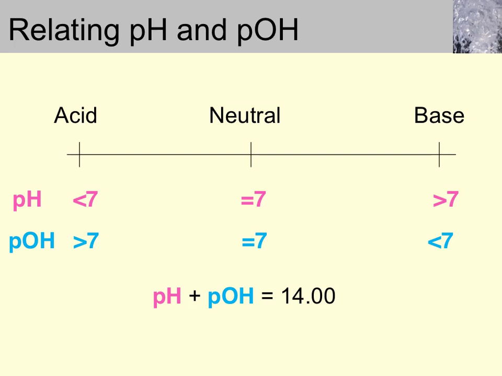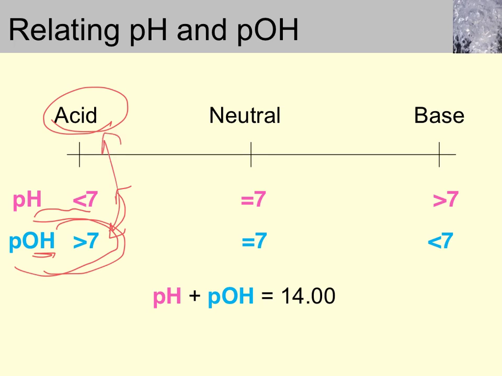Be careful when you're working with pOH values. It's easy to get confused. They tell you the opposite information of a pH. So while a pH less than 7 means acidic, a pOH greater than 7 means acidic.